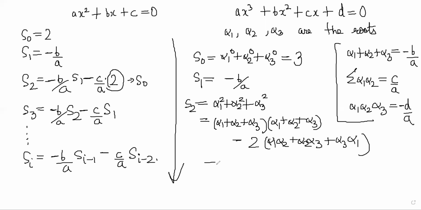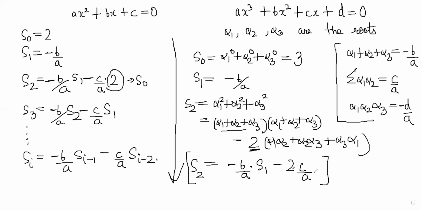This part can be written as minus b by a, this part as S1, and this part is minus 2 times c by a. So this is my S2.